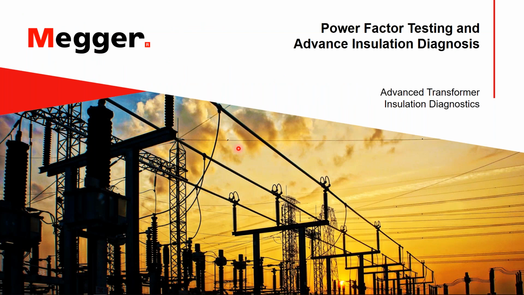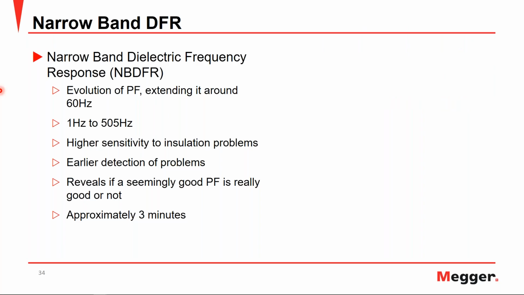So now that we've talked about power factor fundamentals and test methods, let's take a look at some of the advanced transformer insulation diagnostics, starting with narrowband dielectric frequency response. Narrowband dielectric frequency response is an evolution of power factor, extending it both ways around the 60 hertz or line frequency value.